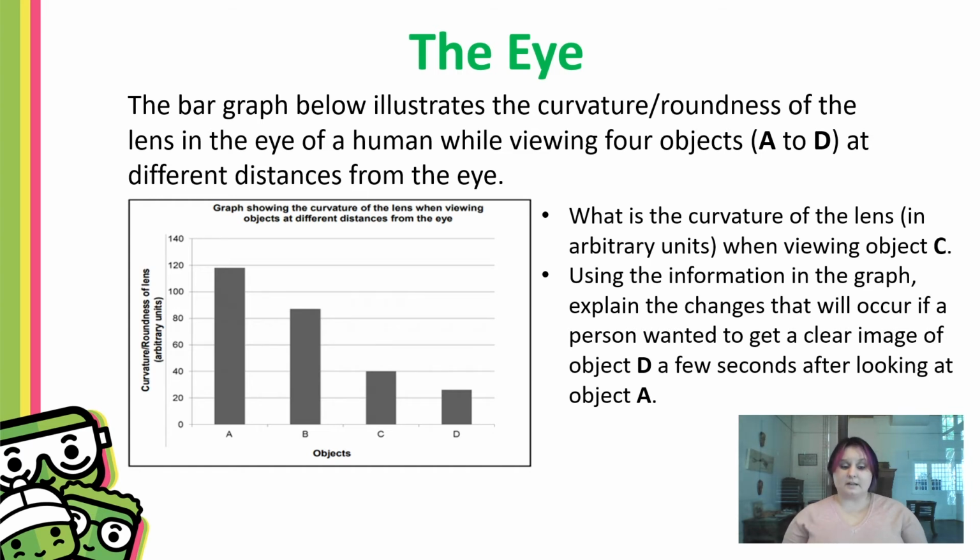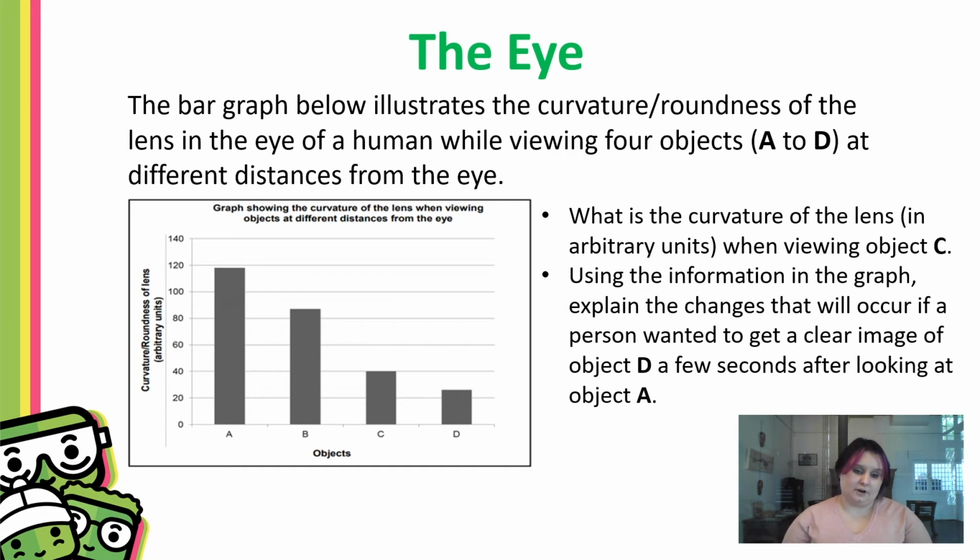This is a really nice question because it's also asking us to interpret information in a graph, which is a skill that we need to have and we need to know. So we need to be able to understand what the graph is showing us and how to read information off the graph. Our first question asks us, what is the curvature of the lens in arbitrary units when viewing object C?